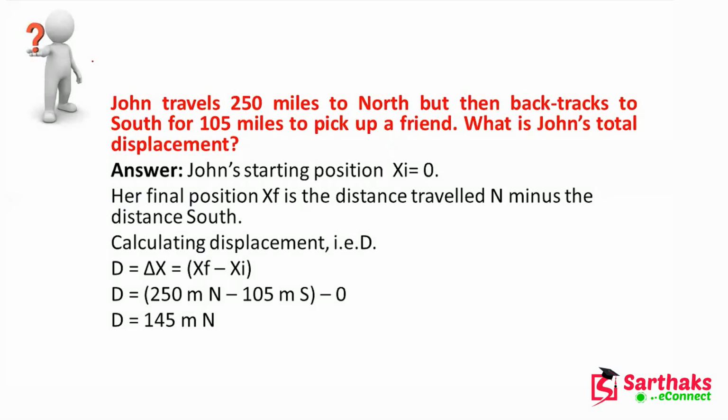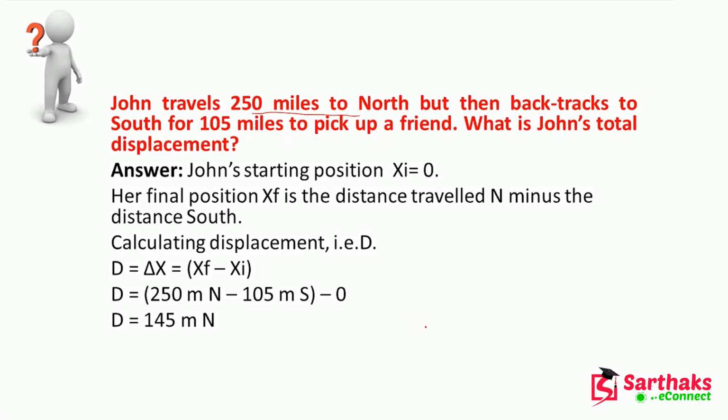Now, the next question. John travels 250 miles to the north. Good, so the direction has been given here. But then he backtracks to the south for 105 miles to pick up a friend.